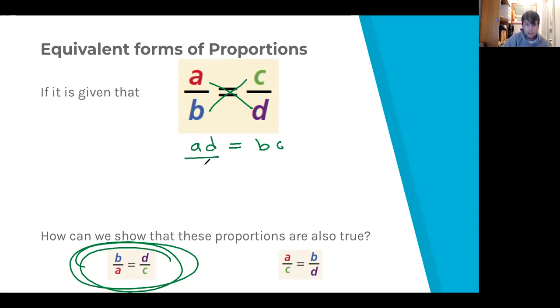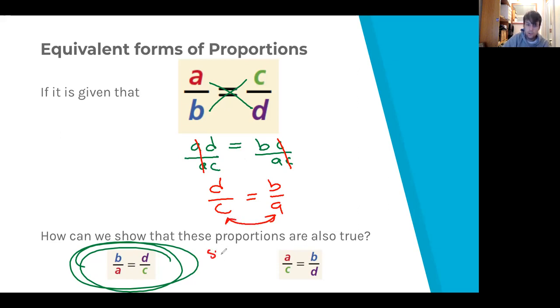If I divide both sides by a, and I divide both sides by c, I can start canceling some things out. I can cancel out a divided by a, c divided by c, and I end up with d over c equals b over a. Pretty close to what we have right there, right? The only thing is we simply switch sides of the equation.